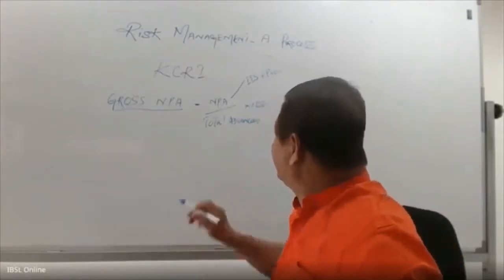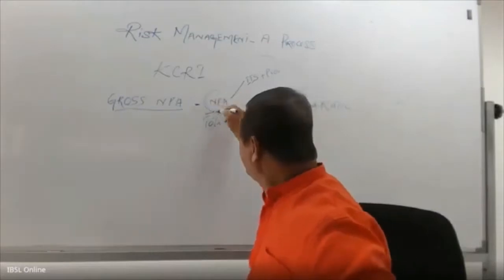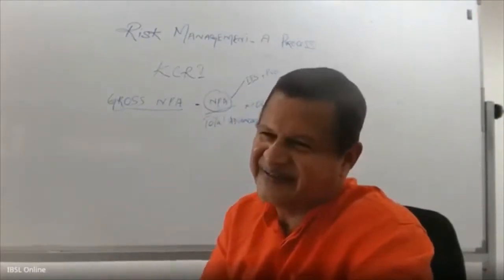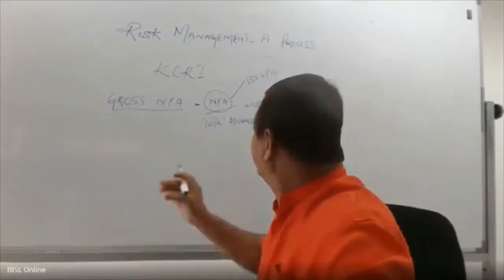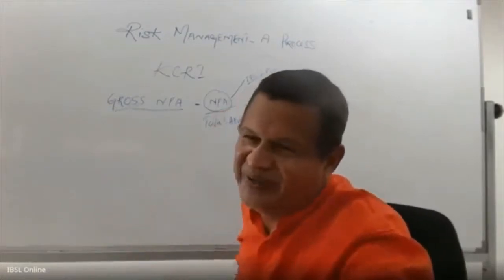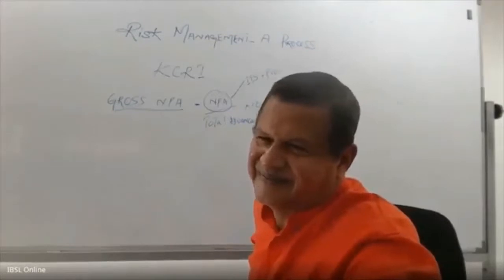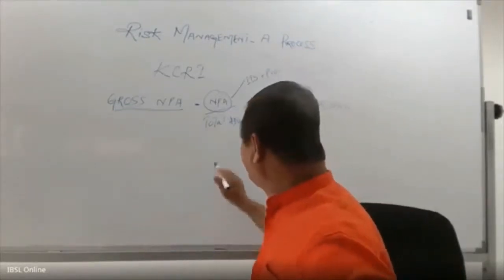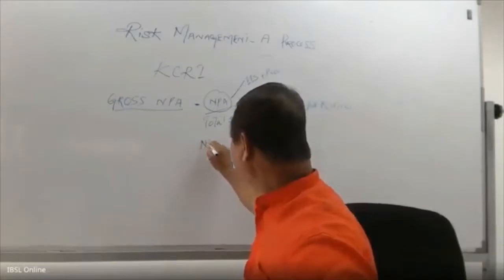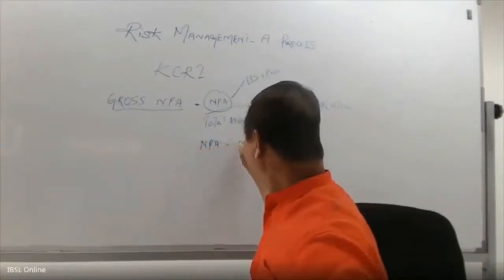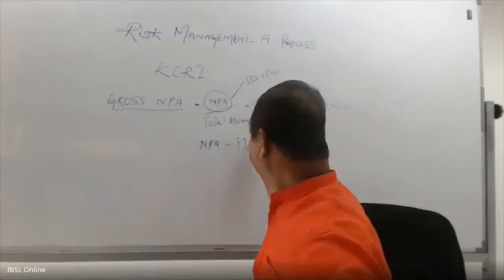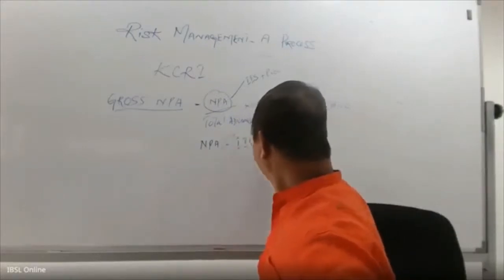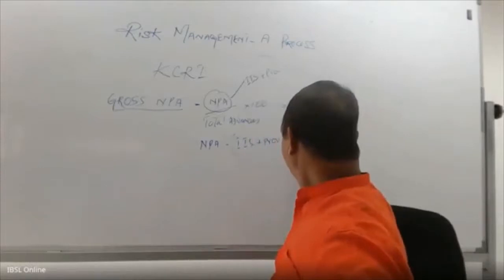Now, this total NPA includes the capital outstanding, interest in suspense outstanding, and the provisions you have already made for this. It's in a different account. But if you reduce your NPA by IIS plus provision, we call it net NPA.